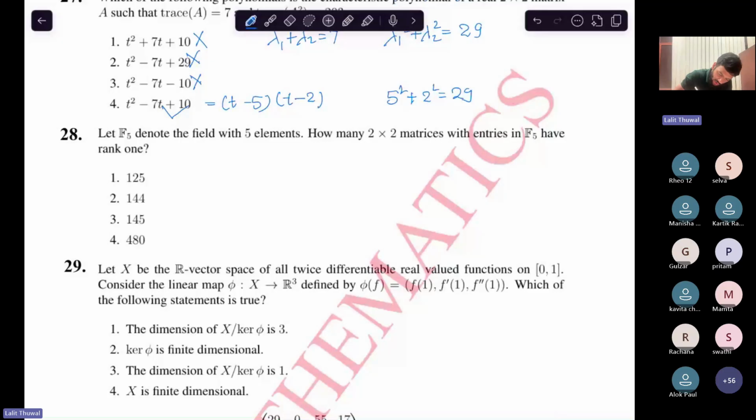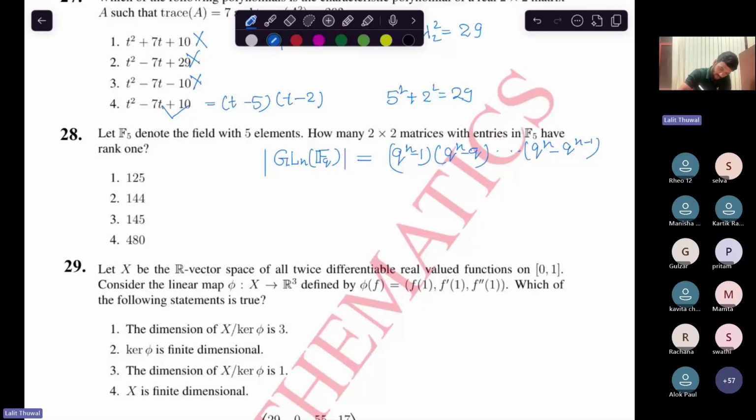So if you have a field with q elements, let me write it here. The order of this group, which consists of all the invertible matrices of n cross n over F_q, is this, and this goes up to q to the power n minus 1.